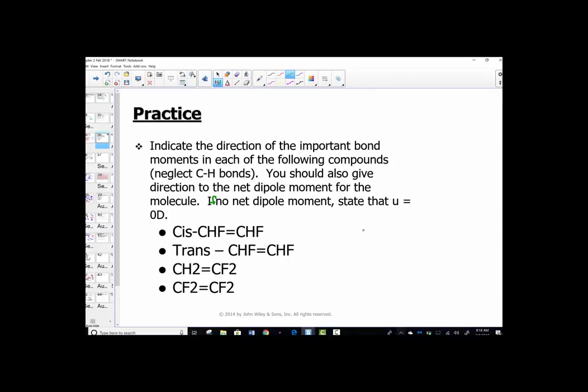So here we have cis-1,2-difluoroethene. Remember the carbon-carbon double bond. On this carbon is a hydrogen and a fluorine. That's how I'm drawing this picture. And it says cis. Cis means same direction. So I'll place the second carbon with its hydrogen and its fluorine on it as well. That is the cis configuration.